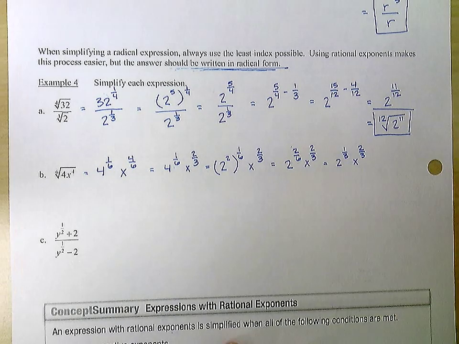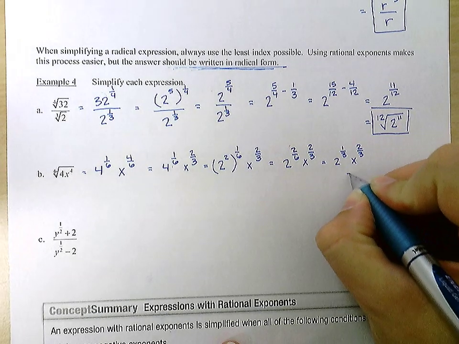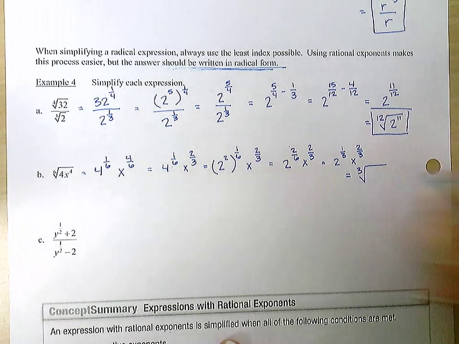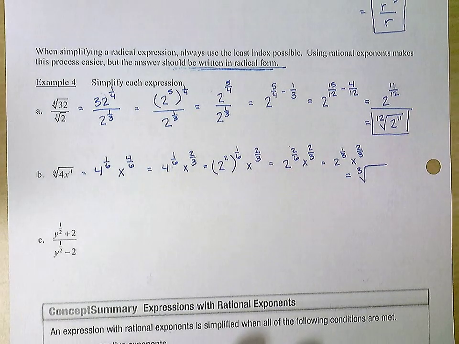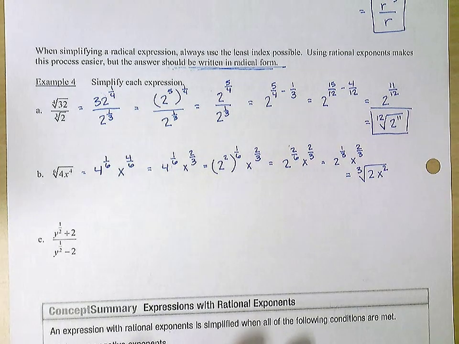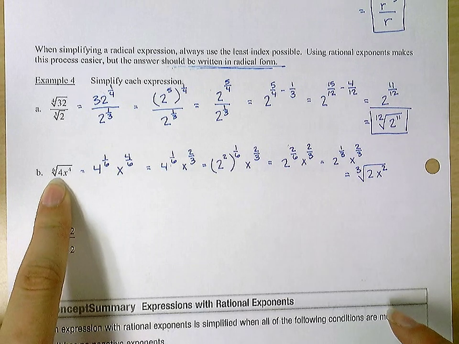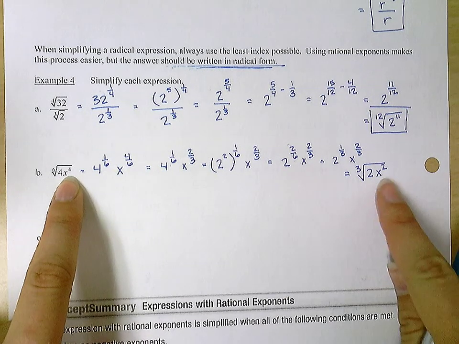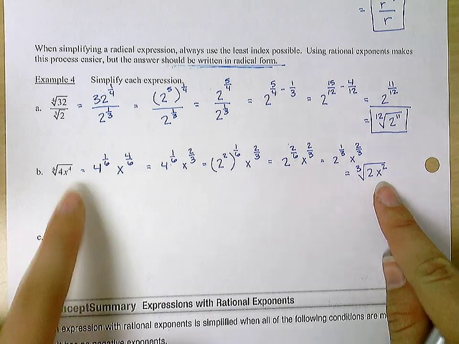So just rewriting this as a radical, we have the cube root instead of the 6th root now of 2, and that would be x squared. Okay, so I simplified from the 6th root to a cube root, that 4 to a 2, and that x to the 4th to an x squared.